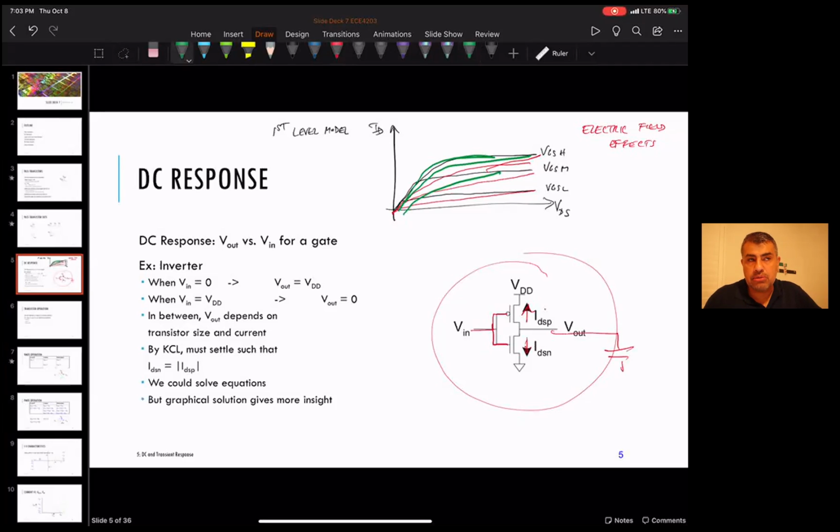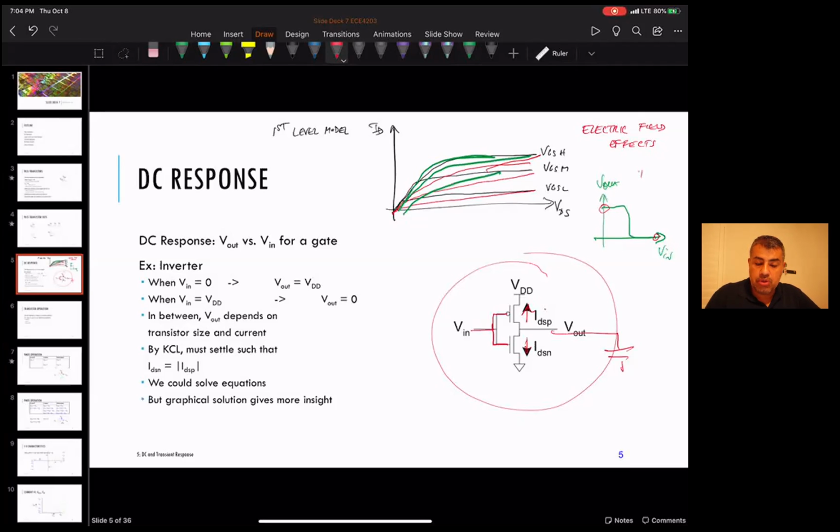You want to find out a couple of things about this gate. One is the transfer function, that is V in, V out, or what happens at low speed, say. Remember, the inverter transfer function was like this. When the input is low, the output is high, and when the input is high, the output is low, like you would expect for an inverter.